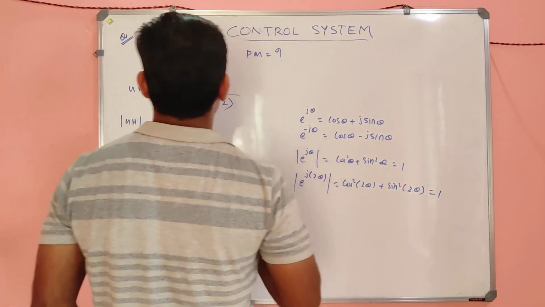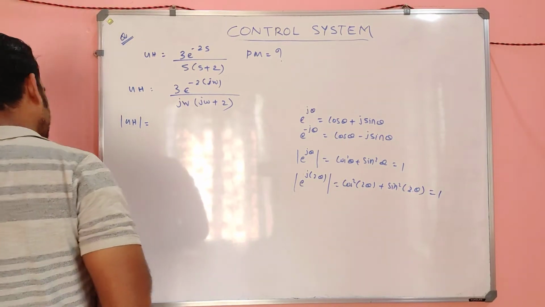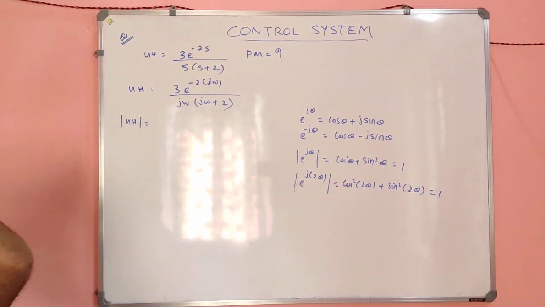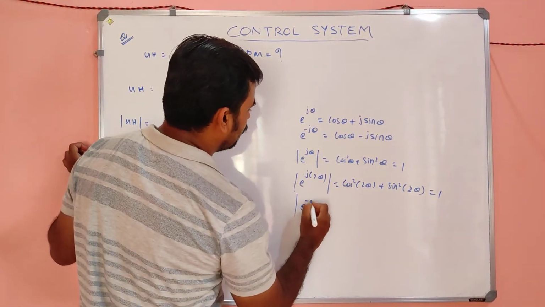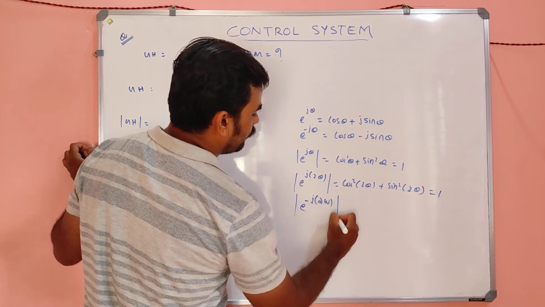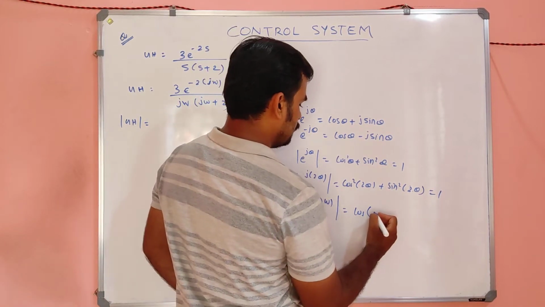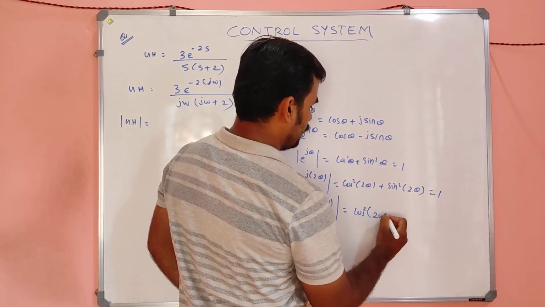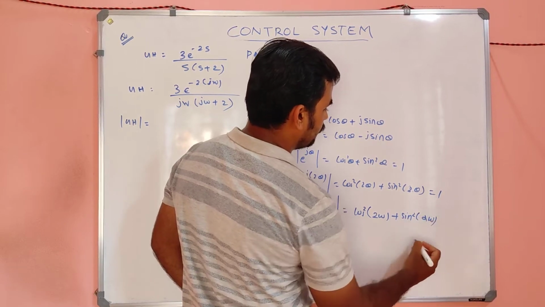So definitely, what is the magnitude of e raised to minus 2 into j omega? It is 1 minus j into 2 omega, which is nothing but cos square 2 omega plus sin square 2 omega.